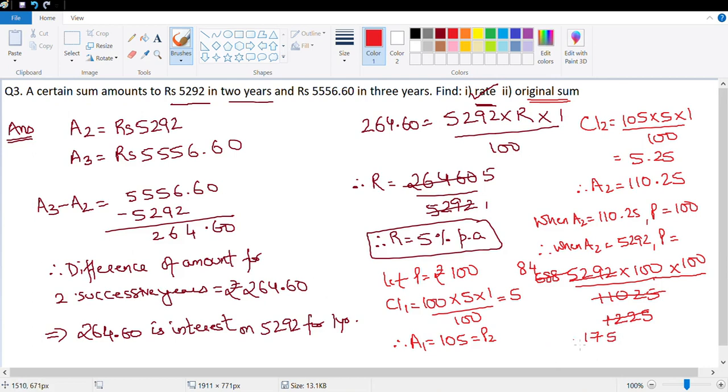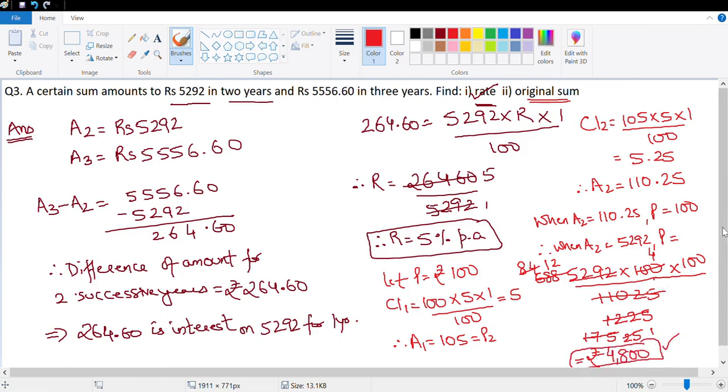Okay, again divisible by 7, 7 into 12, and this is 7 into 2, 14, 35. That's 7 into 5, 35. Right? This is 25 into 1, 25 into 4. That's 4 into 12, 48 with 20, which is equal to rupees 4,800.